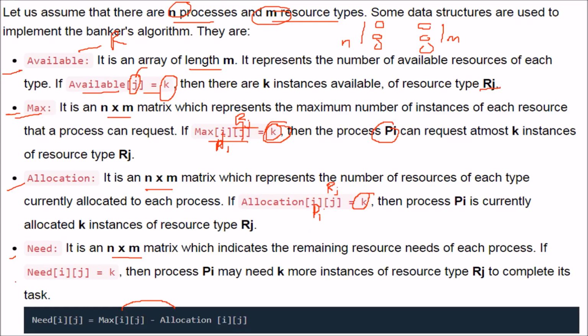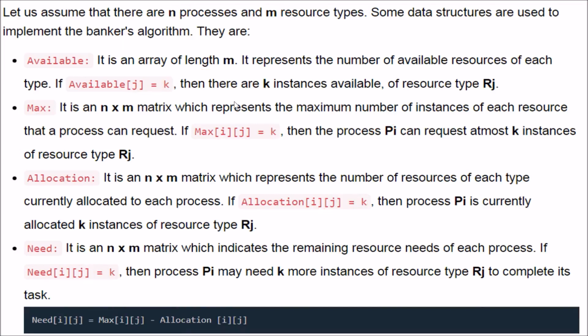So need[i][j] = k means Pi may need k more instances of Rj to complete its task. So need is equal to max, that is the maximum number of instances of each resource that a process can request, minus allocation, that means the number of resources of each type currently allocated to each process.